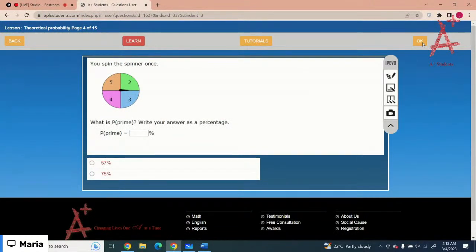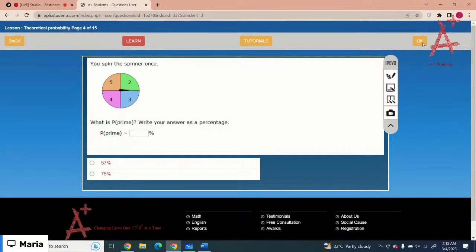Okay, you spin the spinner once. What is the probability of getting a prime number? So which numbers are prime? 2, 3, and 5. Got it? Out of four options, three of them are prime.